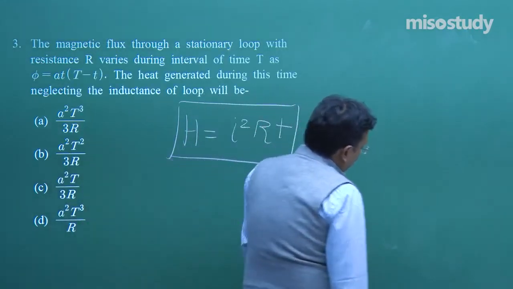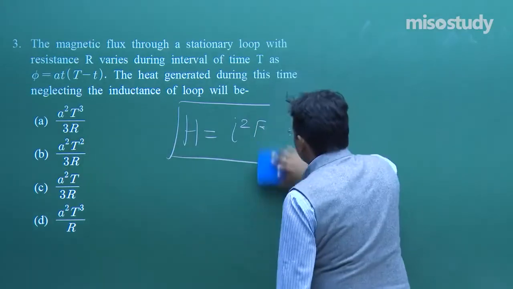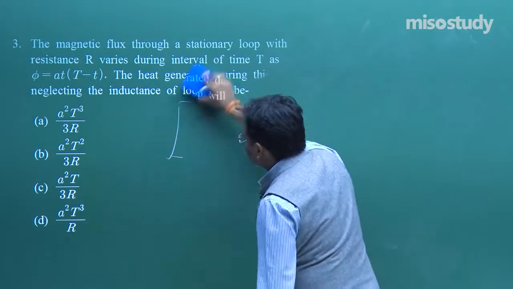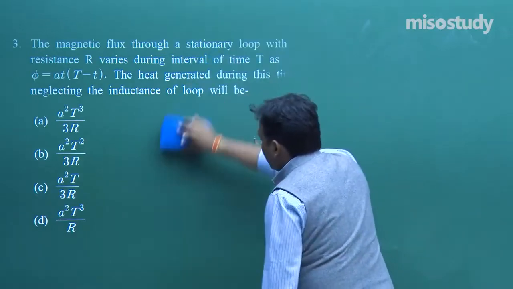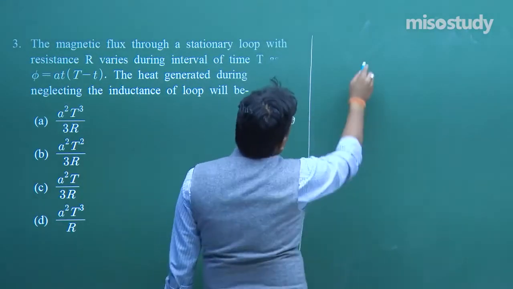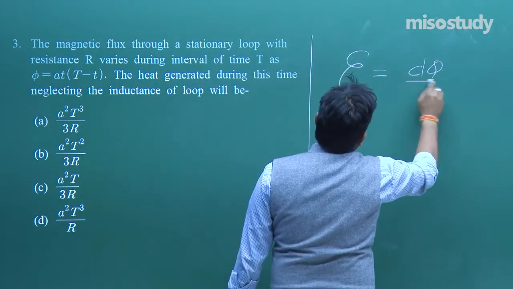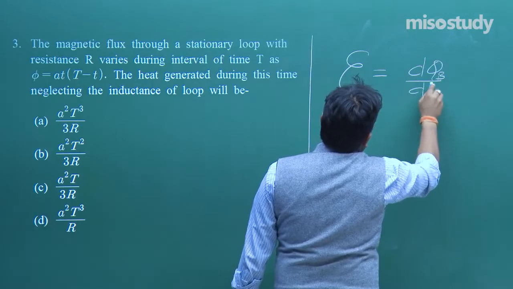So what we will have to understand over here, let's try to erase this. Step by step I am going to provide you the solution. E is equal to d phi B by dt.